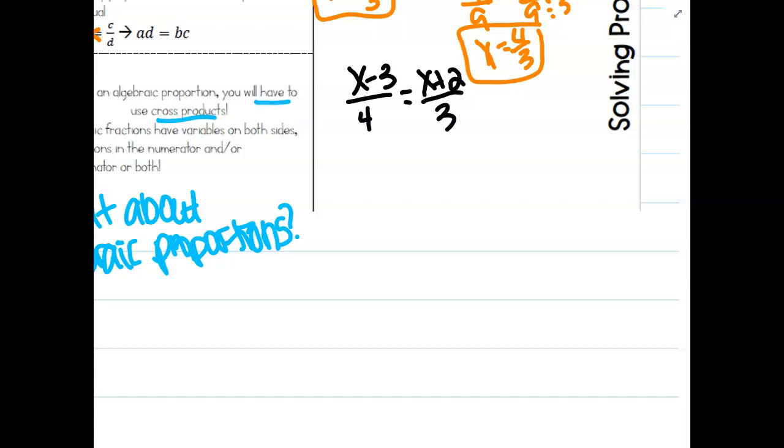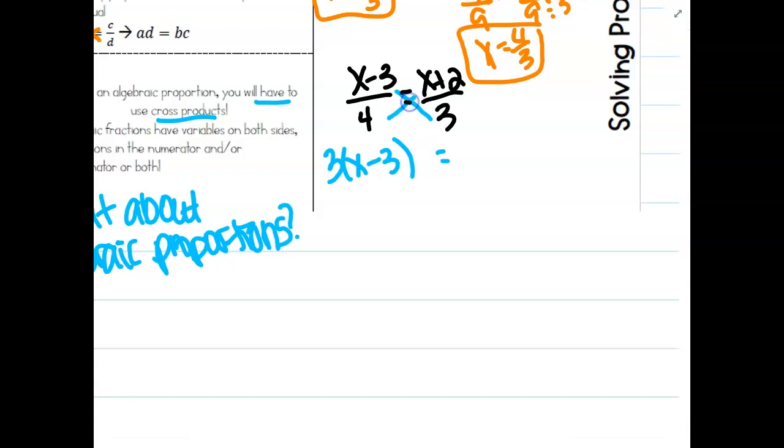Now, this is very important, guys. The idea is still the same. We're going to multiply up and across. They're equal to each other. But when I do that, when I take 3 times x minus 3, I have to take 3 times the entire thing. You have to put that x minus 3 in parentheses. Okay?